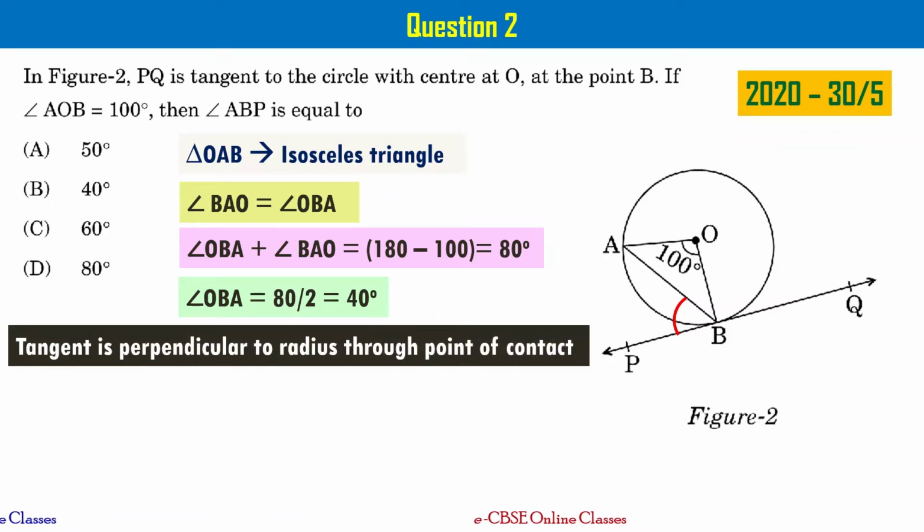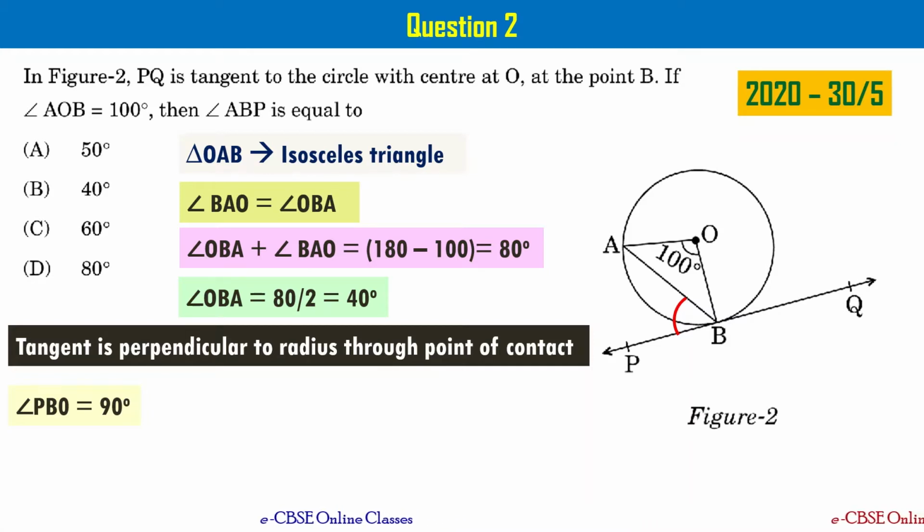We just learned that a tangent to a circle is perpendicular to its radius through the point of contact. It means angle PBO in the given figure is equal to 90 degrees, because PQ and OB are perpendicular to each other.